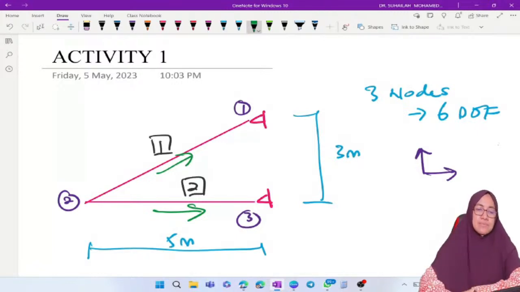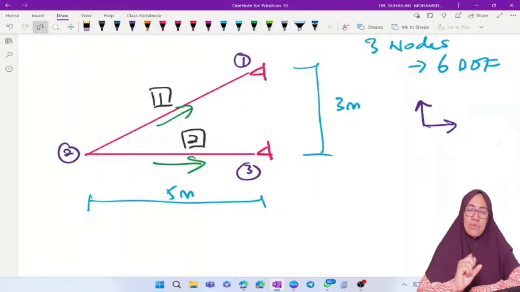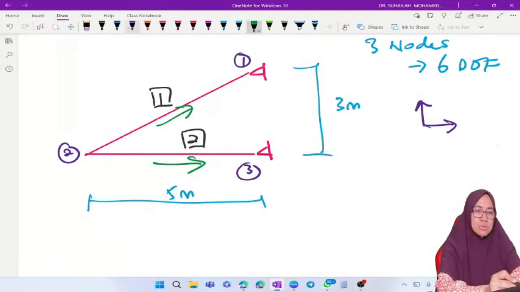Okay, we have to label the coordinates as well, because under the formula we have to calculate based on coordinates. To label the coordinates, we choose one node as the origin, so we label it as 0, 0.